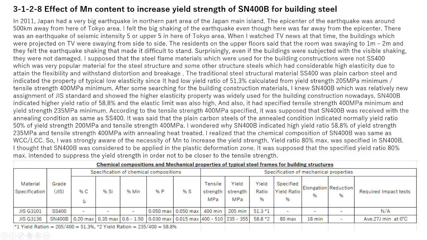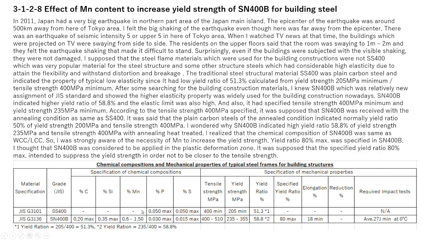So carbon and silicon and manganese are not specified here. But SS400 normally has a carbon content of 0.2% to 0.3%. For SN400B, the carbon content is 0.20% maximum, so a relatively lower carbon content is specified.